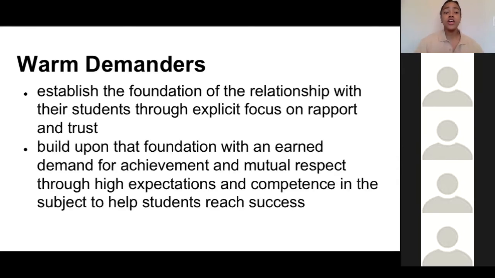From there, you build upon that with an earned demand for achievement and mutual respect through high expectations and competence in the subject to help students reach success. This is a very condensed version, but we're going to explore this a little bit more and talk more about where you stand currently, as well as some action steps that you can implement.